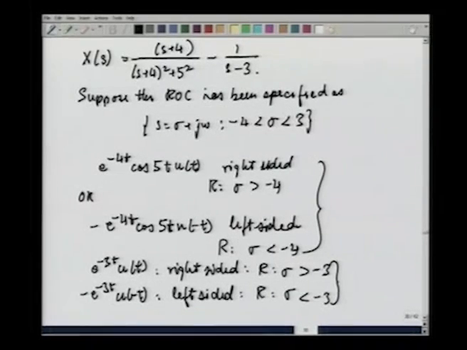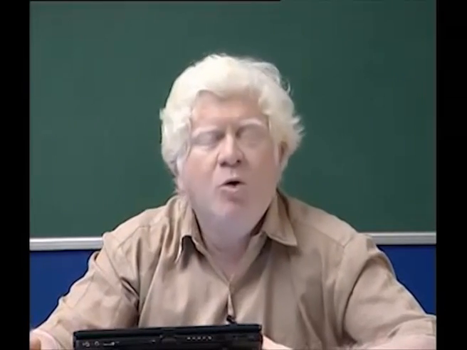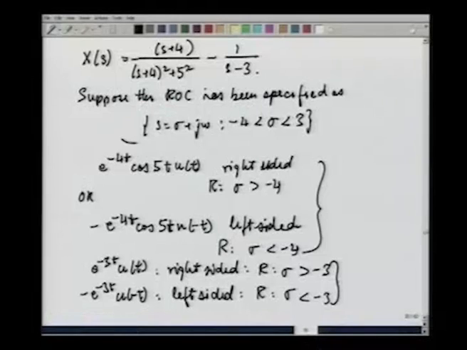Now, we can combine these 2 plus 2 possibilities in 4 different ways, but only one of them will yield by intersection the ROC that has actually been specified for the problem, namely this ROC. This ROC is matched by only one of the 4 possibilities. So, what are the 4 possibilities?